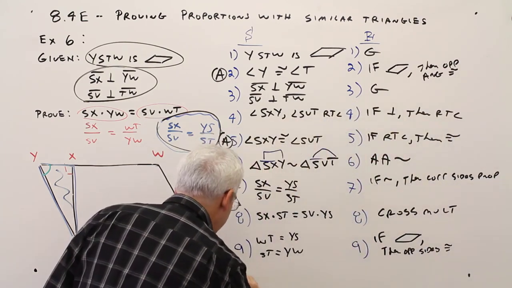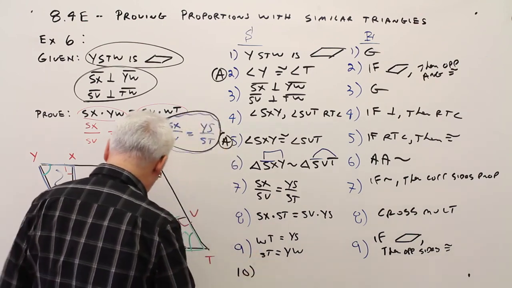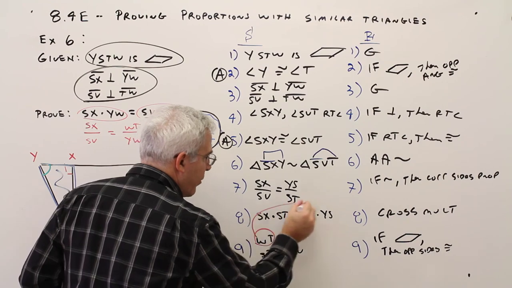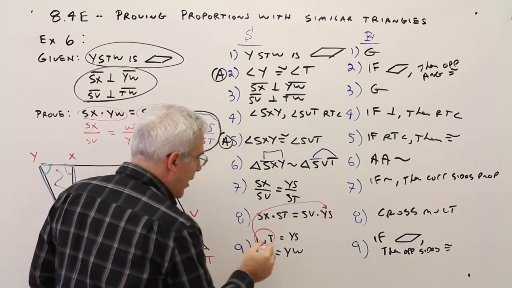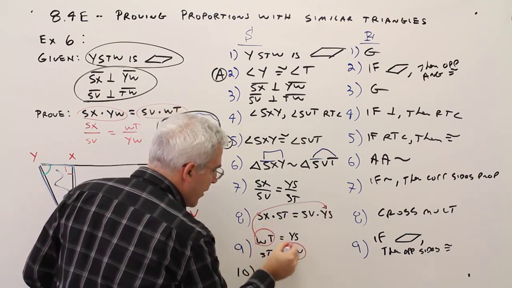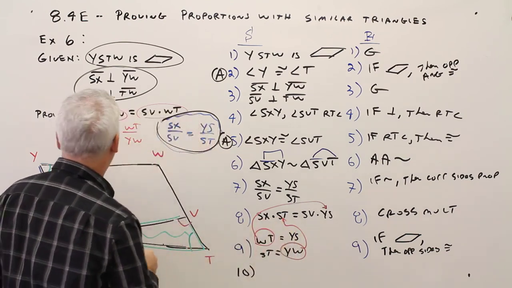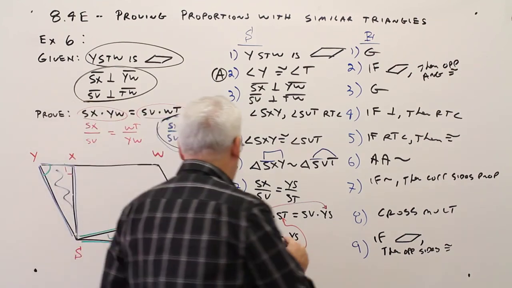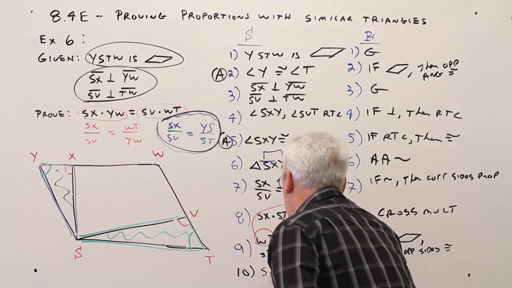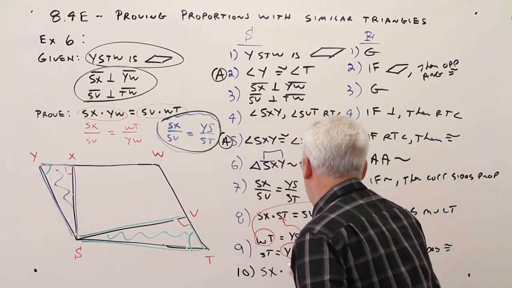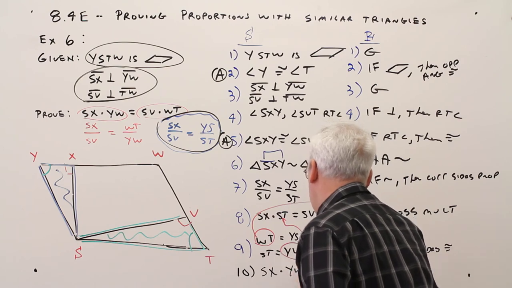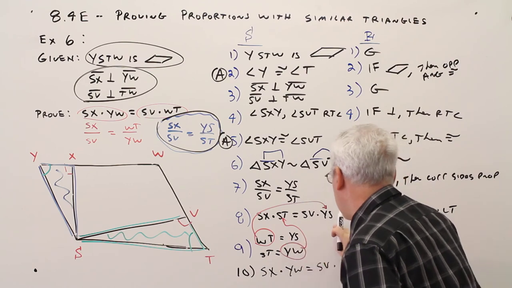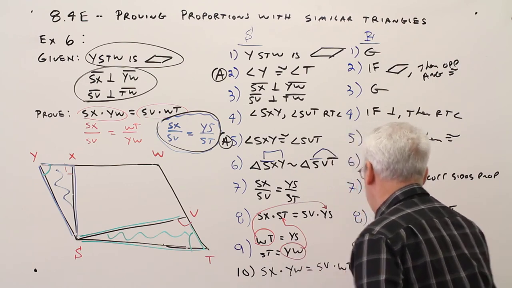And then finally, step 10, I apologize. All I'm going to do is, wherever I have a YS, replace that with a WT. And wherever I have an ST, replace that with a YW. And that should get me what I want. So then I'll say SX times YW equals SV times WT.